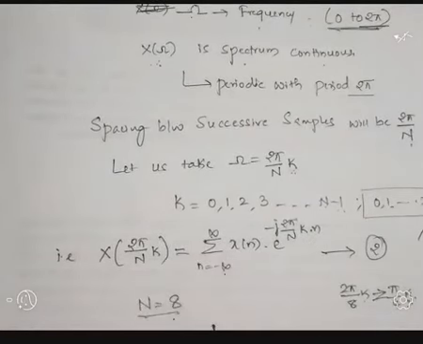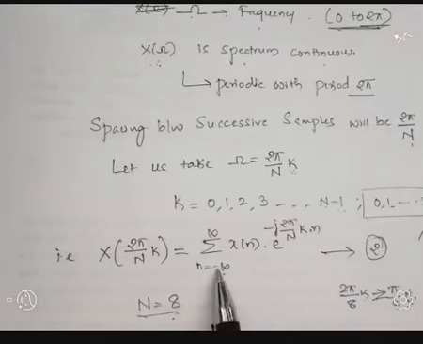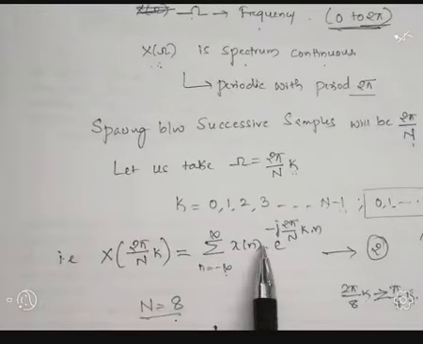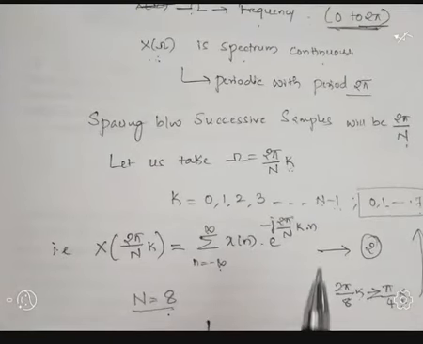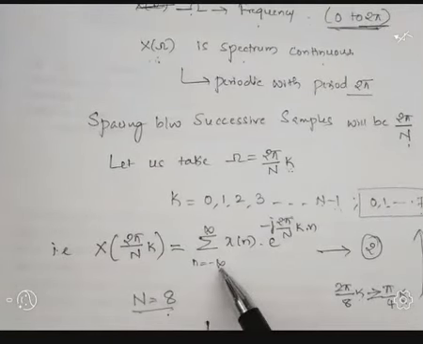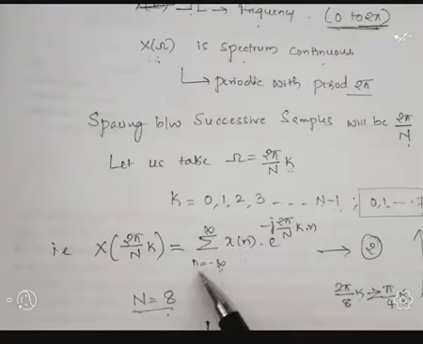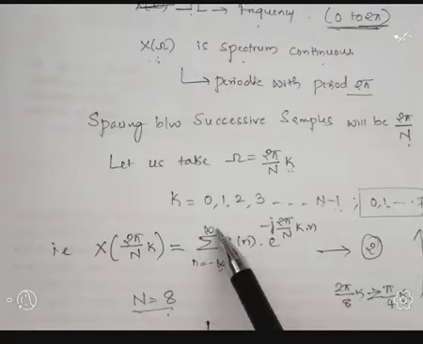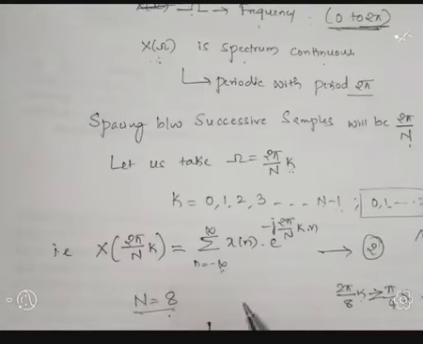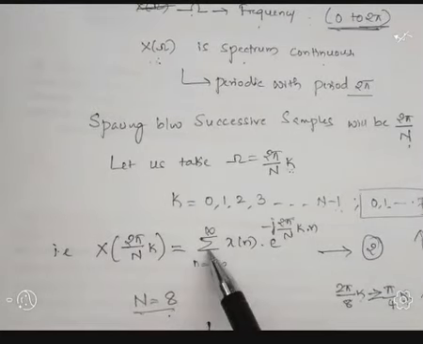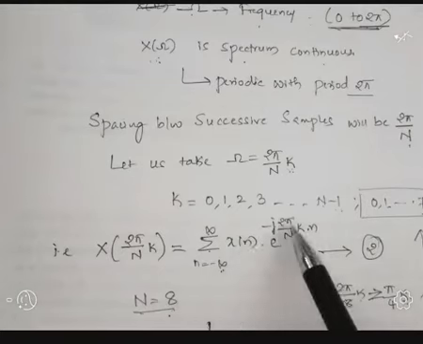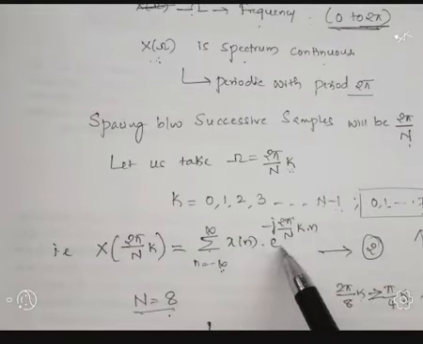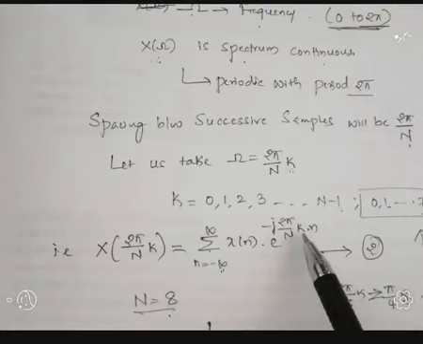But one more point we have to remember, in each summation term we are performing these calculations. Once again, how many summation terms are there? Minus infinity to plus infinity, because the value of n varies from minus infinity to plus infinity. In each summation term, we are performing this calculation, x of n multiplied by e to the power minus j 2 pi by N into k into n.